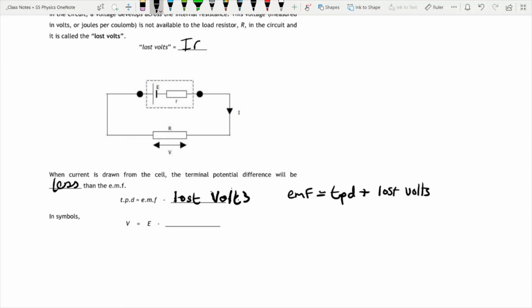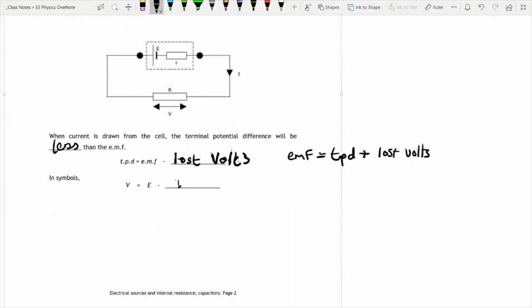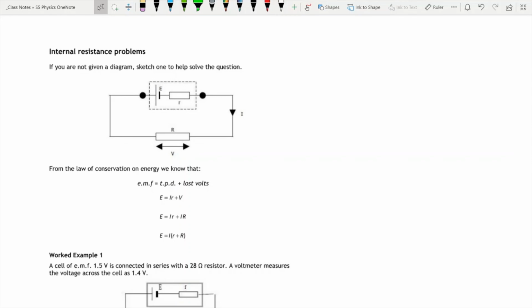So the EMF is the whole voltage, the TPD is the voltage that gets applied to the circuit, and the loss volts is the volts that are lost inside the cell. So in symbols, TPD, which we call V, equals EMF minus lost volts, which is capital I times little r. If you're not given a diagram, sketch one to help you solve the question.